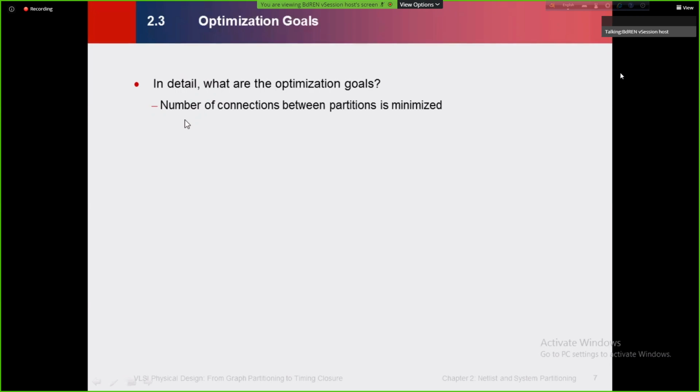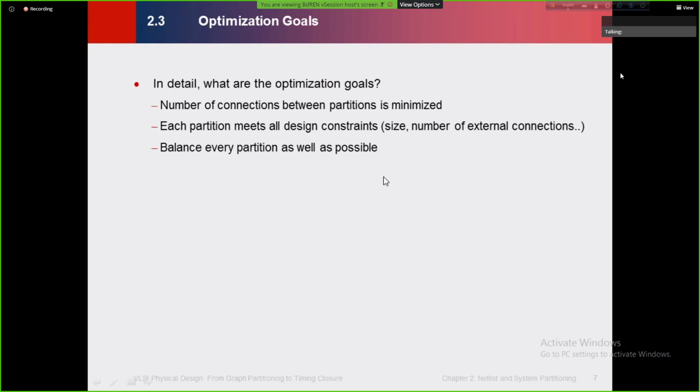So our optimization goal is that the number of connections between partitions is to be minimized. Then this partition meets all design constraints like size and number of external connections. But the first one is the most important, the number of connections between those, and balancing every partition as well as possible.